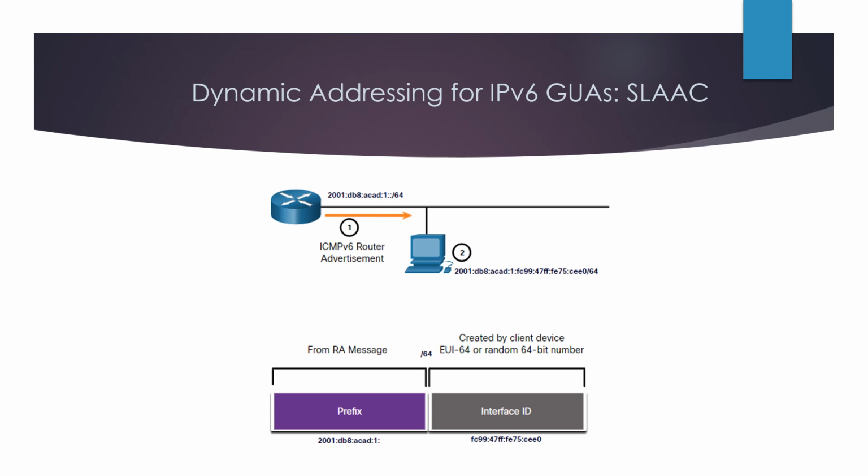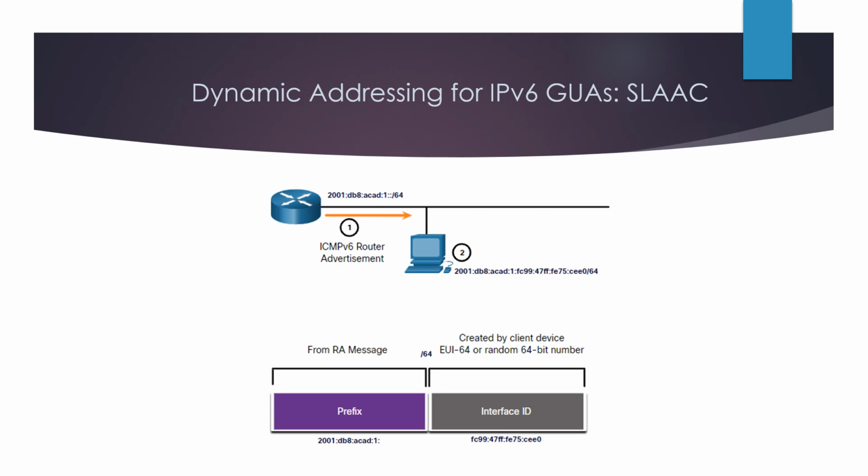With the stateless address auto configuration, the client device uses the information in the router advertisement message to create its own global unicast address, and as it is shown here in the figure, there are two parts of the address that are created as follows. So we have the prefix and the interface ID.